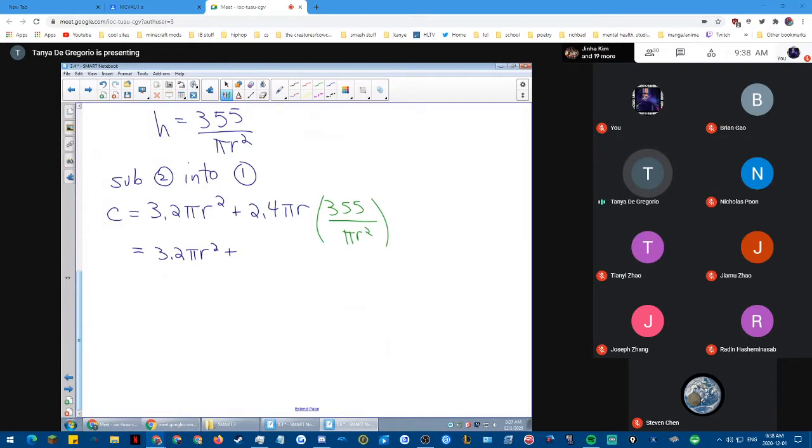So 2.4 times 355 is 852. The pi's will cancel, and one of my r's will cancel. But we want to bring it up because we're going to take the derivative of it. Taking my derivative, I have 3.2 pi times 2 by r minus 852 r to the exponent negative 2. Set that equal to 0 and solve.